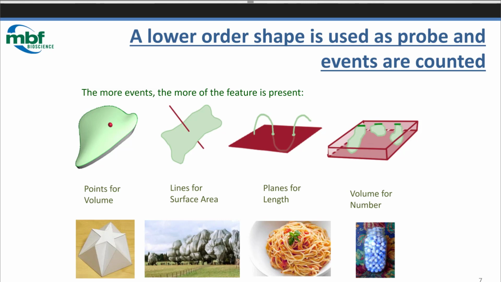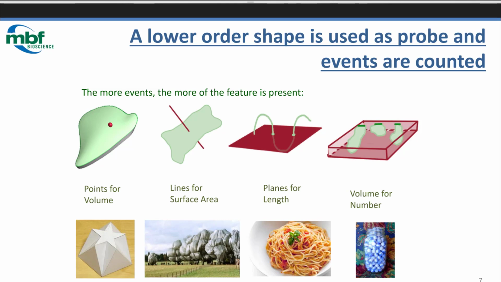Moving from left to right, we can use points to probe for volume. We can use lines to probe for surface. We can use planes to probe for biological strings like blood vessels or axons. And on the right, it shows that we need a three-dimensional situation. That's why there's a volume in red shown. That's the dissector.